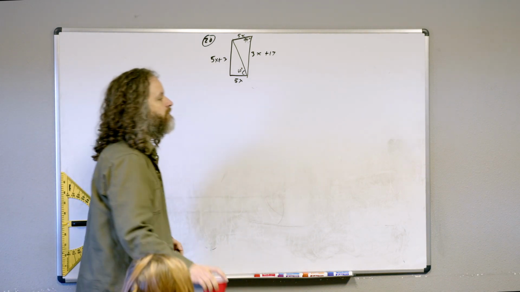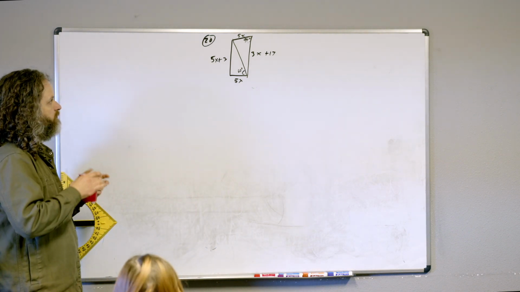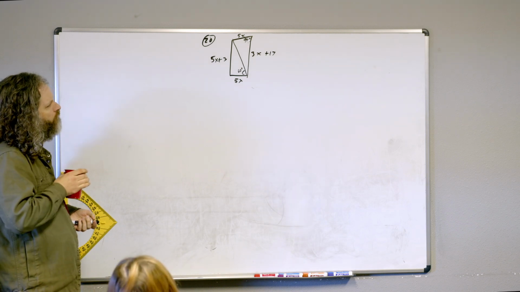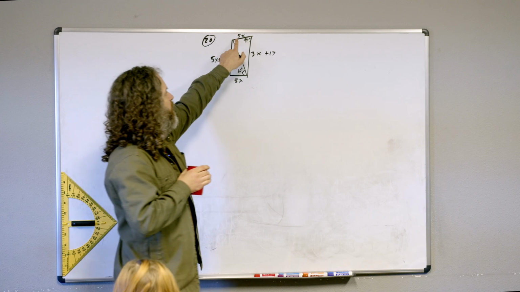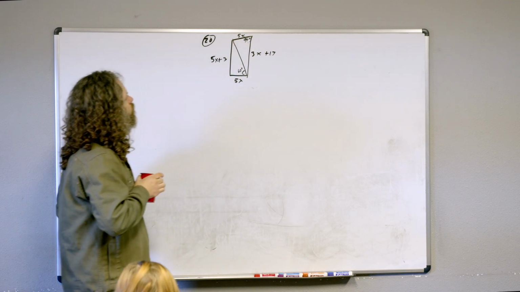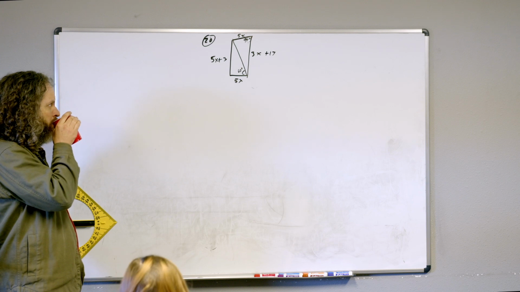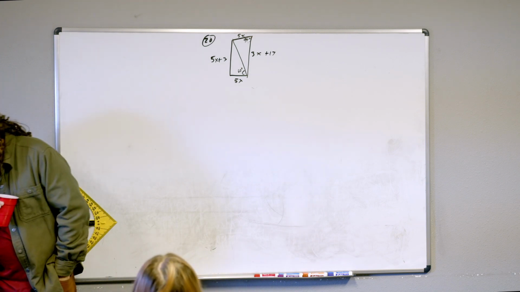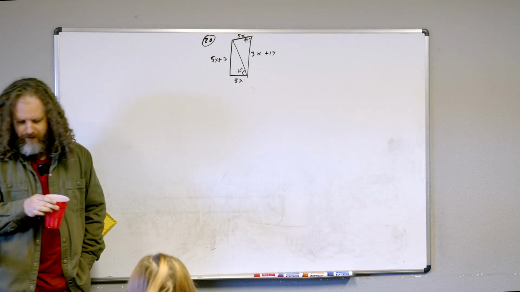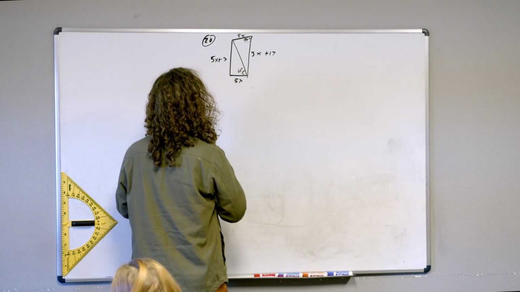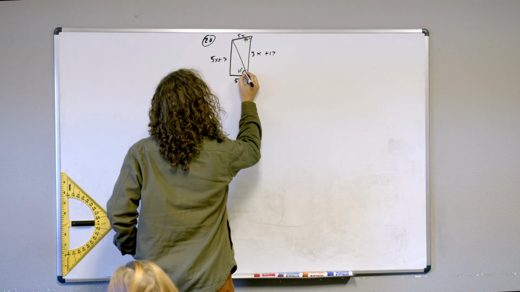What I did was I found the measure of the angle opposite to 3x plus 17. You're talking about this little angle right here? Yeah. How'd you do that? We're given that the bottom right corner is a 90, so that means the inside of it is 30 in subtraction.